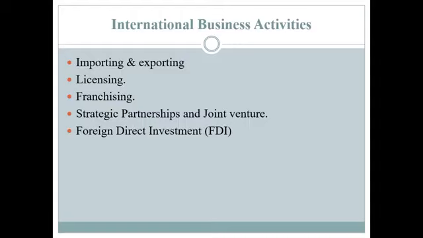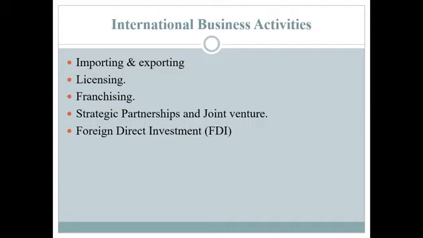The licensor is the owner of such intellectual property, who has a certain brand name, who has a patent, a certain technology or trademark. This licensor, or that firm, has certain copyright, brand name and all, and has different technology. What does this licensor do?